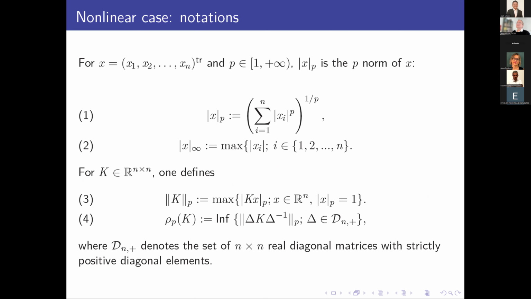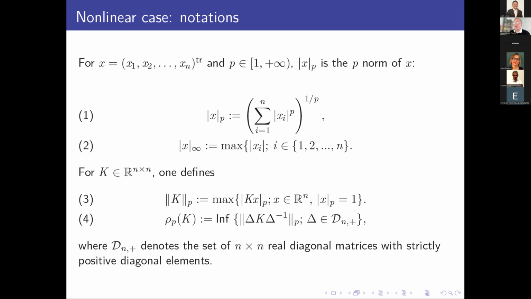Now we move to the nonlinear case. In order to handle the nonlinear case, we define this norm, the P norm of vectors, which is the classical one, the infinity norm. And associated to this norm, you have the P norm of a matrix, as usual.